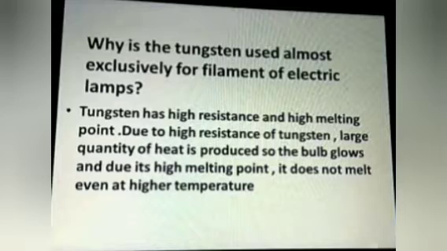Tungsten has high resistance and a high melting point. Due to the high resistance of tungsten, a large quantity of heat is produced, so the bulb glows, and due to its high melting point, it does not melt even at higher temperature.